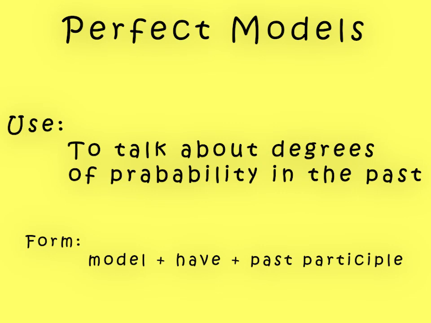Perfect modals. Perfect modals are used when we want to talk about degrees of probability in the past. So very simply, we use the modal plus have plus the past participle of the verb, or what we call V3.